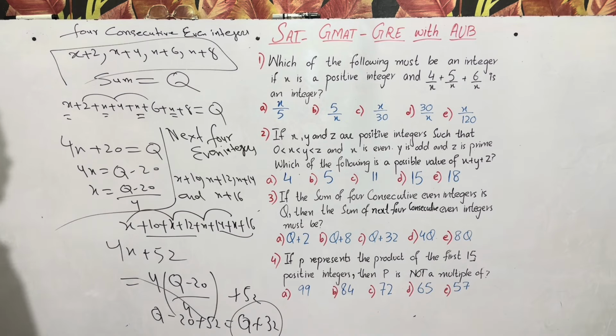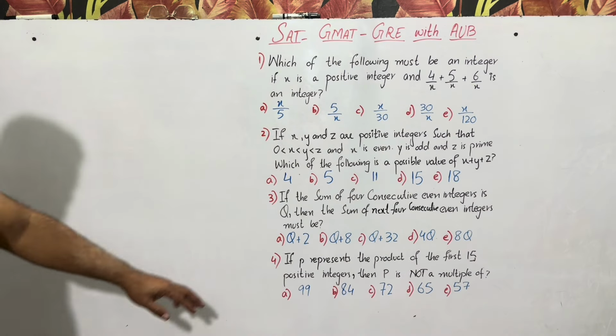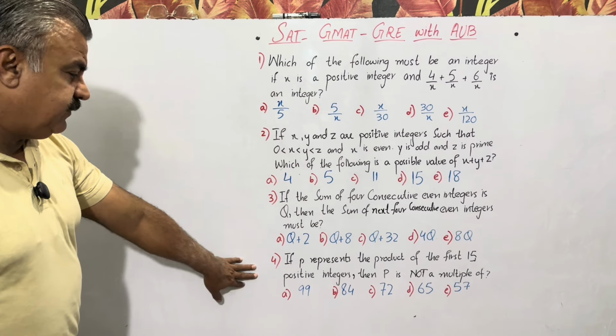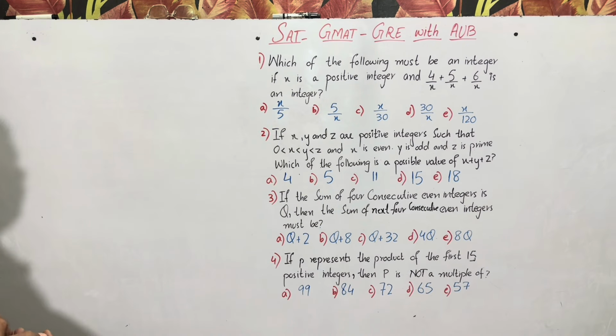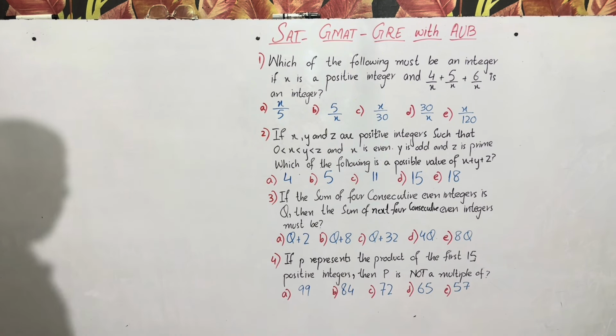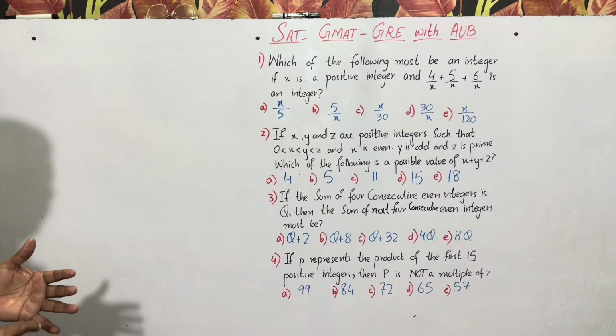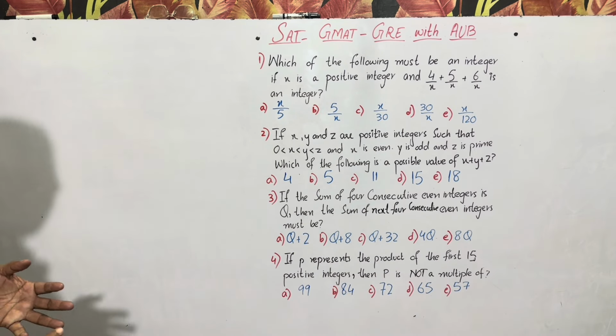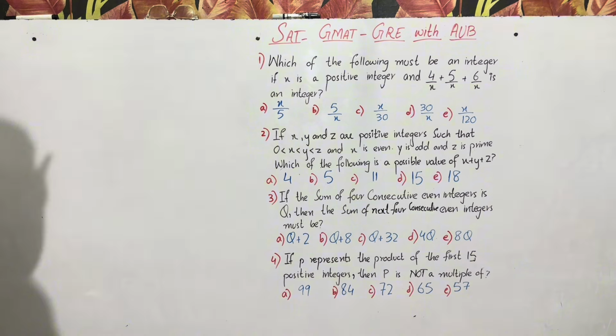Moving towards the next question: if p represents the product of the first 15 positive integers, then p is not a multiple of what? 99, 84, 72 or 65?